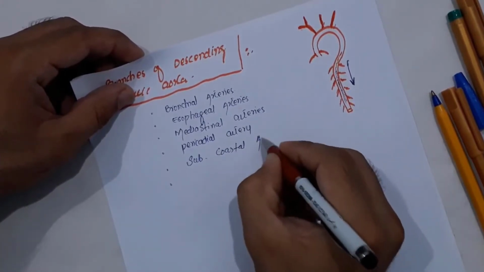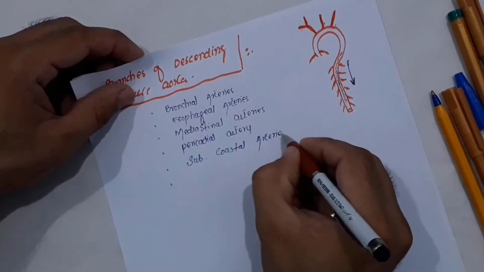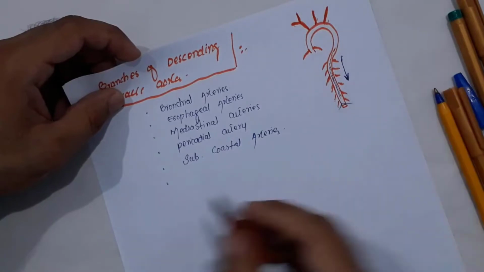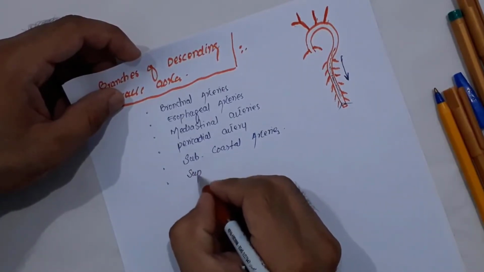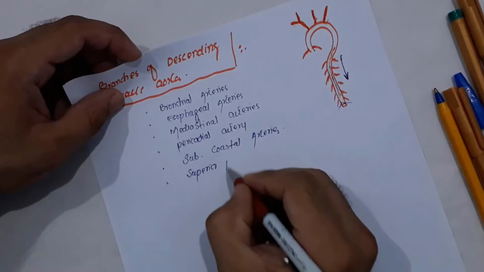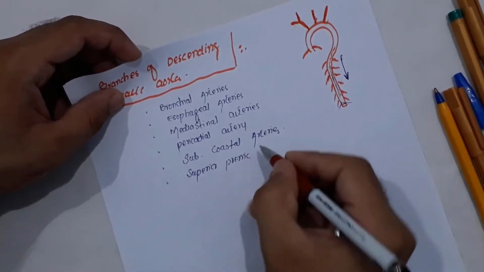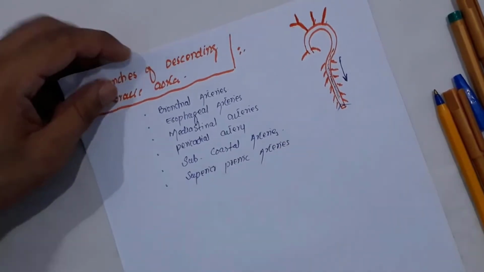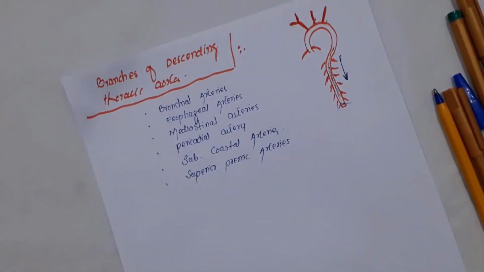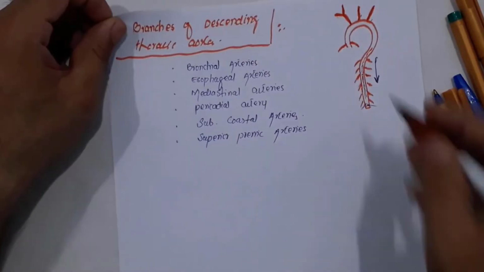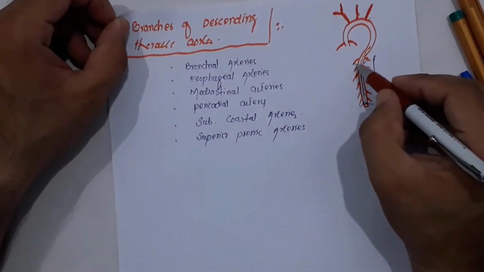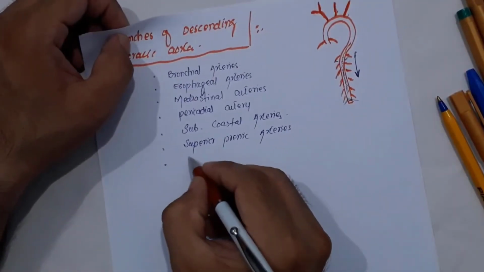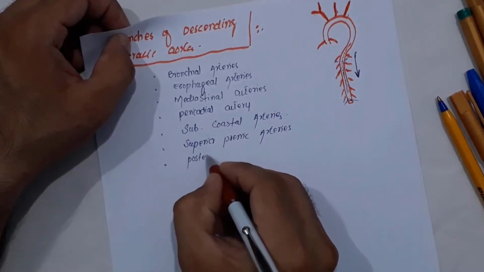Then the last branches are the superior phrenic arteries. And there are many branches which arise from the posterior, dorsal part of the descending thoracic aorta, and those important branches are the posterior intercostal arteries.